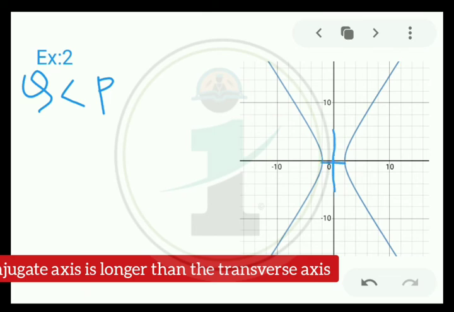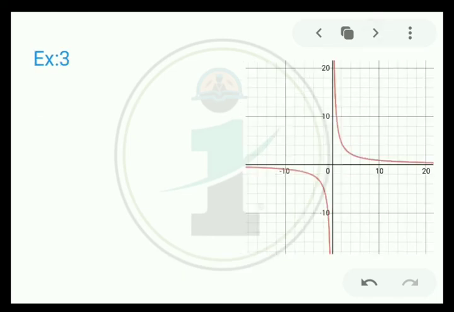P has a length shorter than the Q, and this is the rectangular hyperbola. I have taken the product to be positive so that it has come to the first quadrant and the third quadrant. If I took them to be negative, then it will come here and here, in the second quadrant and fourth quadrant. So let us see the video for better understanding.